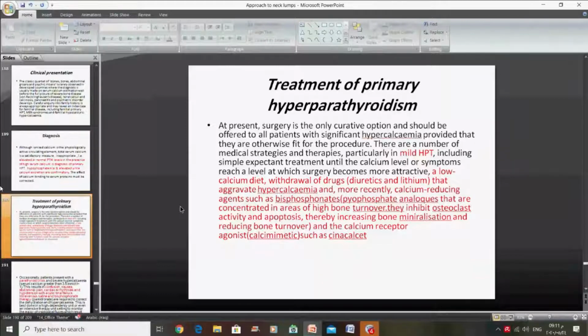They inhibit osteoclast activity and apoptosis, thereby increasing bone mineralization and reducing bone turnover. In addition, of course, they use calcium receptor agonists, which we call calcimimetics, such as cinacalcet.